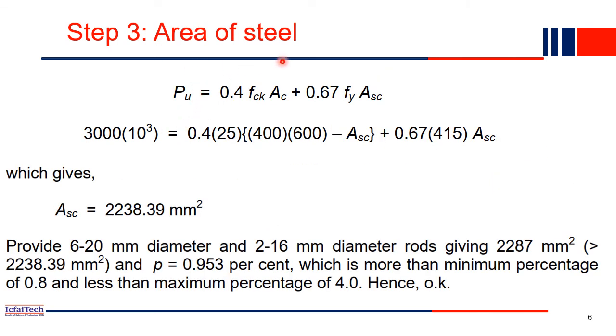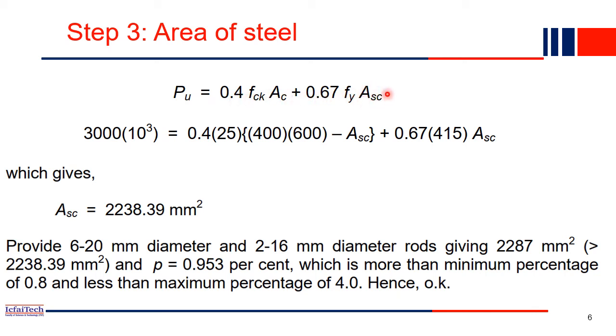So now the area of steel we can compute very easily. Our load is given as 2000, multiplied by 1.5, because we are using the partial safety factor of 1.5. So 2000 into 1.5 is 3000 multiplied by 10 cube, converting kilonewton into newton. Now in this formula we just plug in all the values, right? Pu is equal to 0.4 fck Ac plus 0.67 fy Asc.